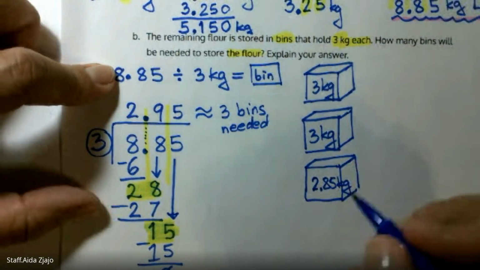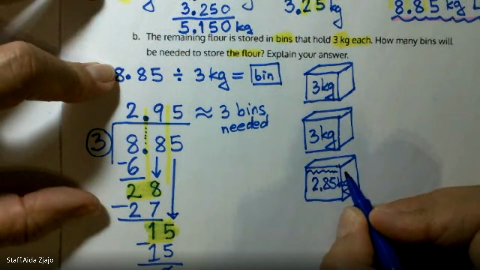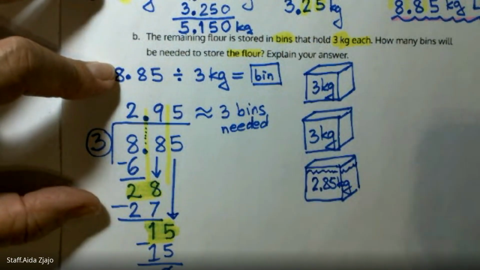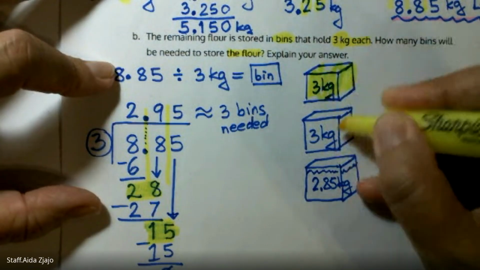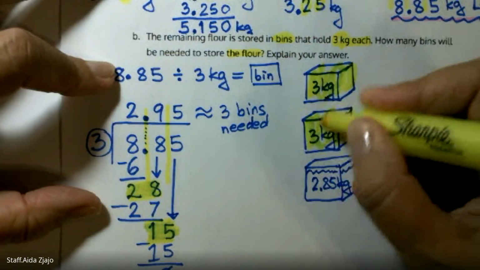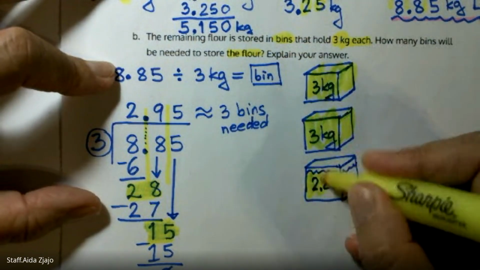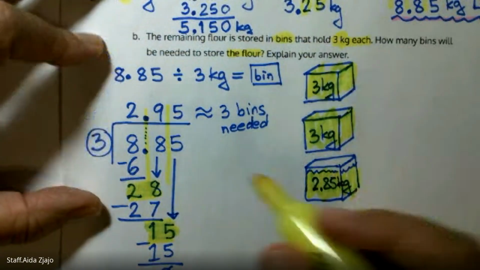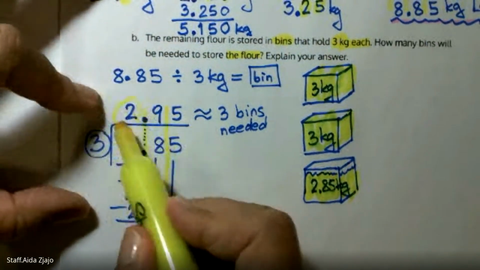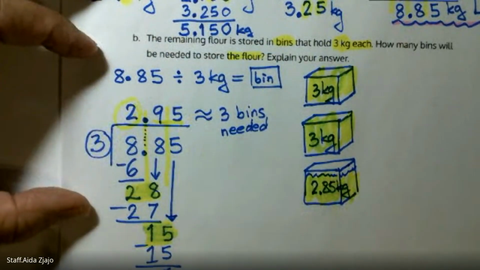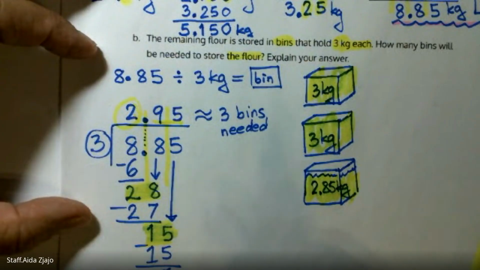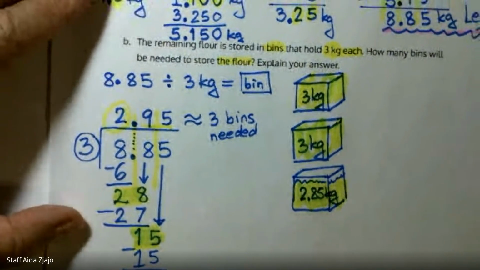This one won't be full, it would be a little bit empty, while this will have all. And that's why this all represents 2 whole bins and 95 hundredths of the next bin. Does that make sense? I hope it does.